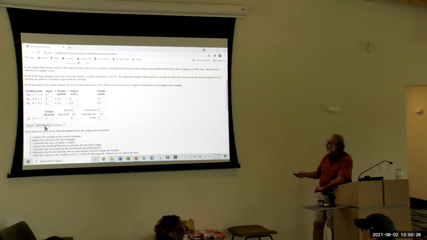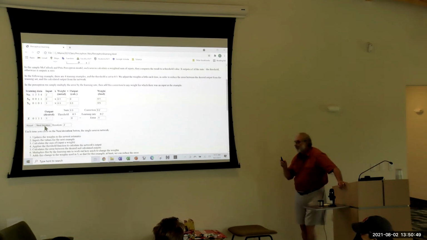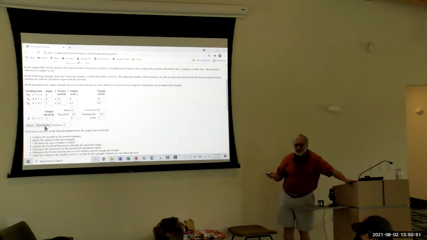Okay, so we're going to go to the second value where the inputs are 0 and 1. So it says 0 times the first weight is 0, 1 times the corresponding weight is 0.3, the sum is 0.3. It's less than 0.5, so output is 0, but the right answer was 1. So then you have a thing called the learning rate.